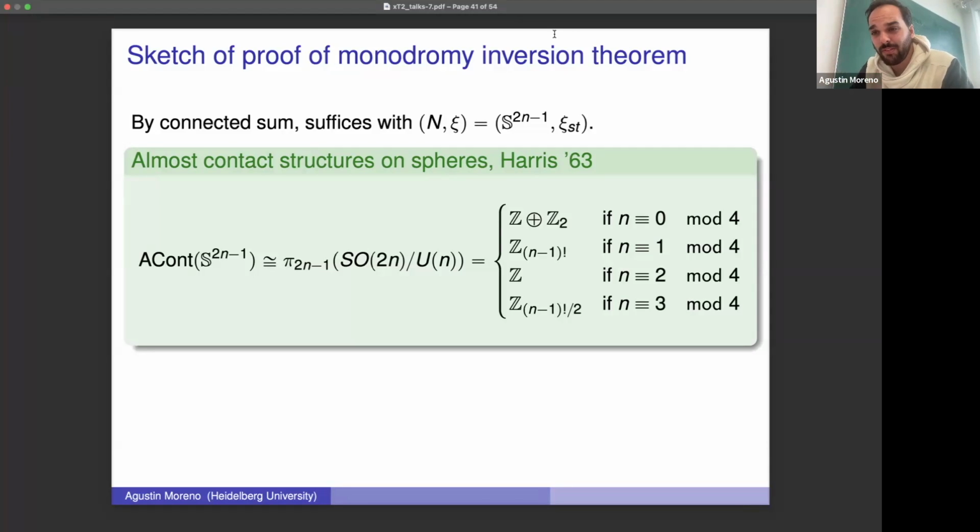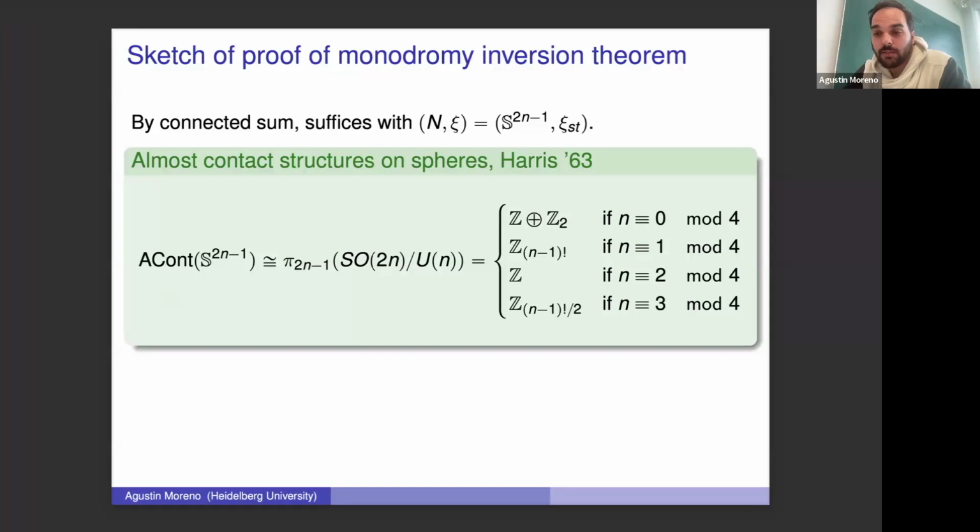But now the advantage is that in the case of the sphere, we have a classification for almost contact structures. So this goes back to computations done by Harris in the 60s. So Harris tells us that, first of all, this is a group, right? The set of almost contact structures on the sphere is a group. The group operation is just taking connected sums. But it's actually the homotopy group pi_{2n-1} of this homogeneous space, SO(2n) divided by U(n), okay?